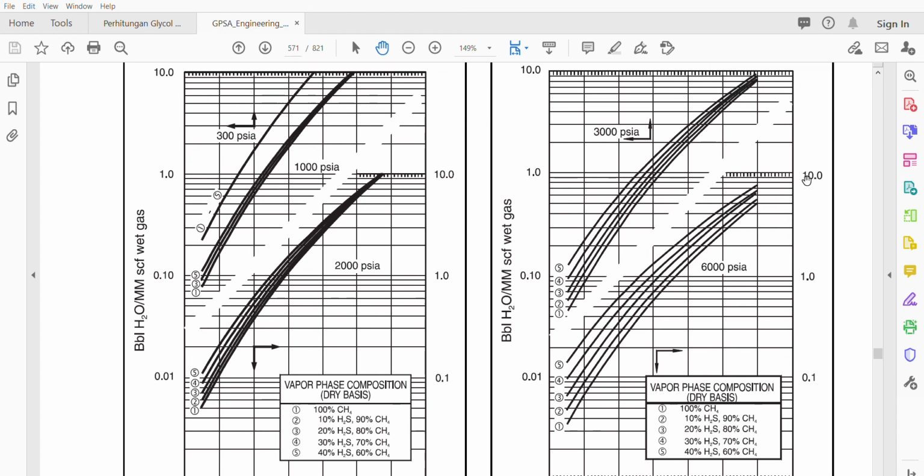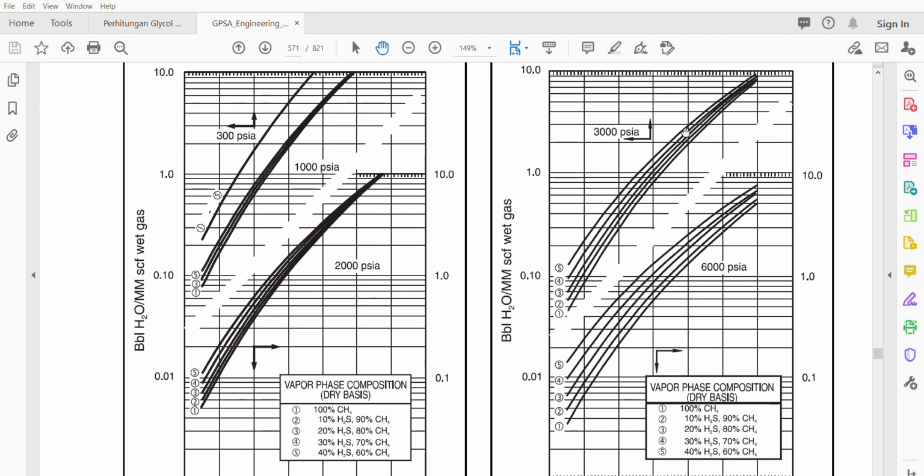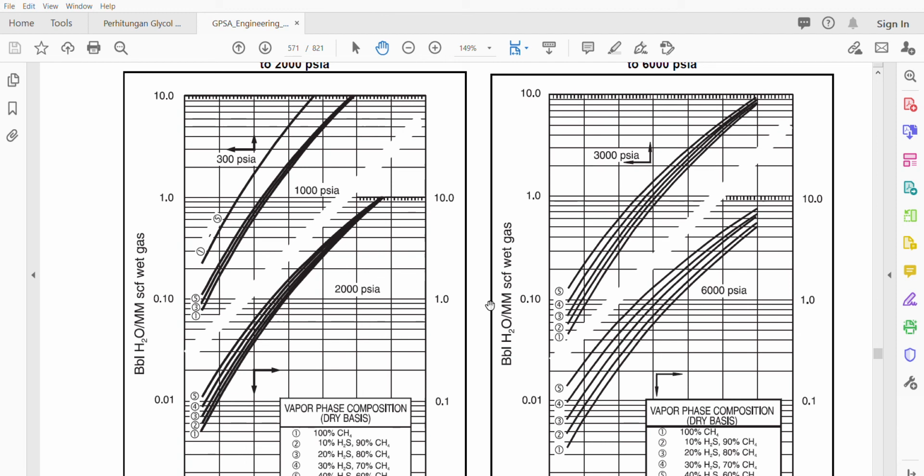This is 10, this is 1, this is 0.1. So it will be a difference between one another. So you have to be aware of where to put this, right or left.